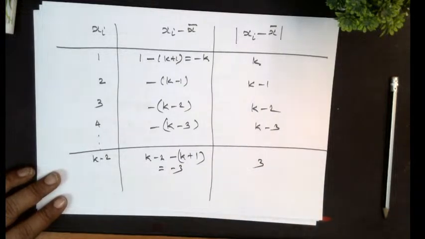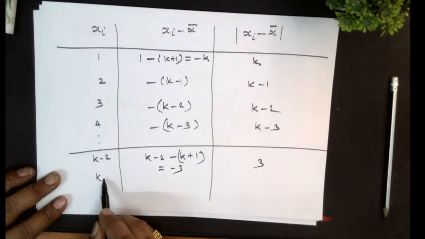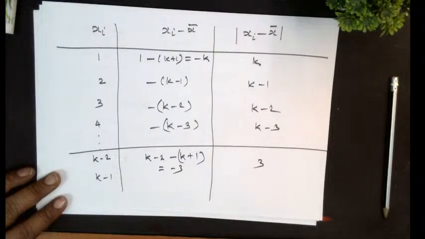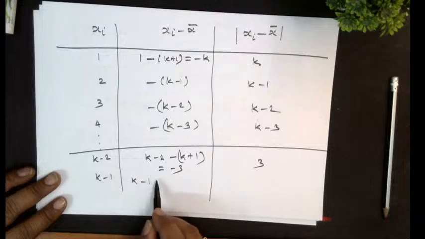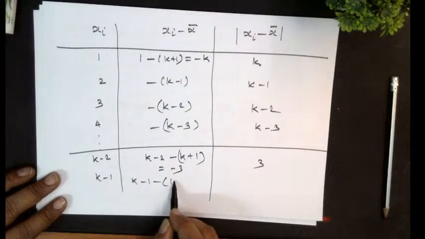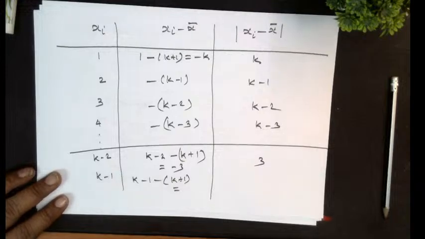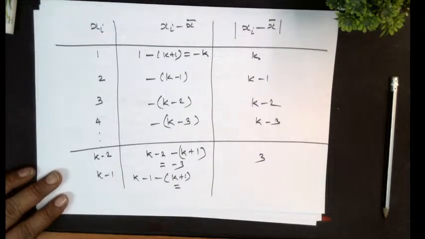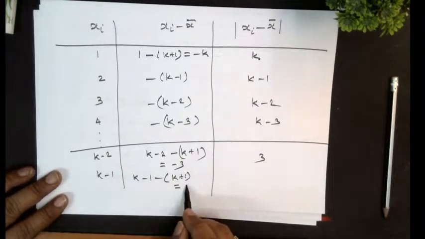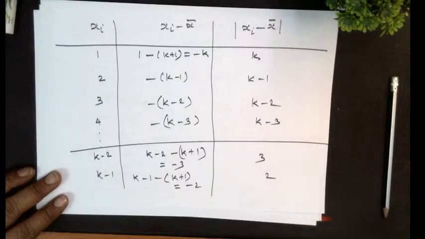Got it? And what is the value for k minus 1? What should we do? k minus 1 minus of k plus 1. What is the value? K cancel, minus 2. Very good. So it becomes 2.